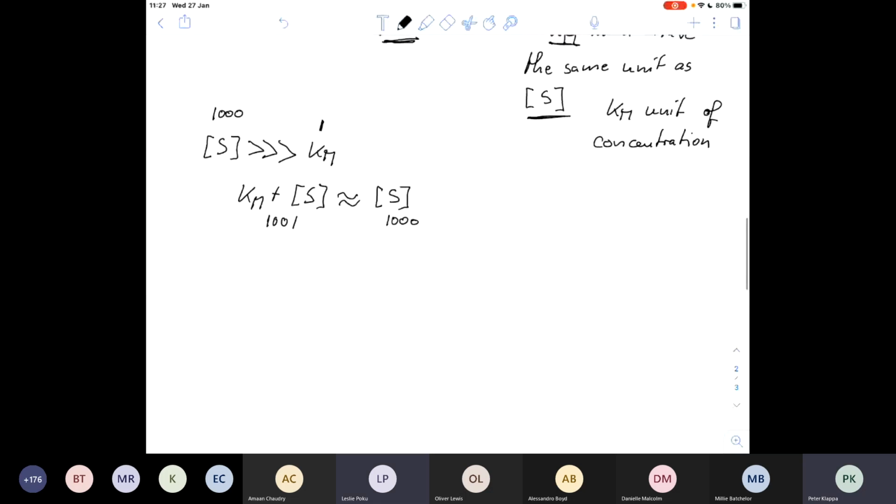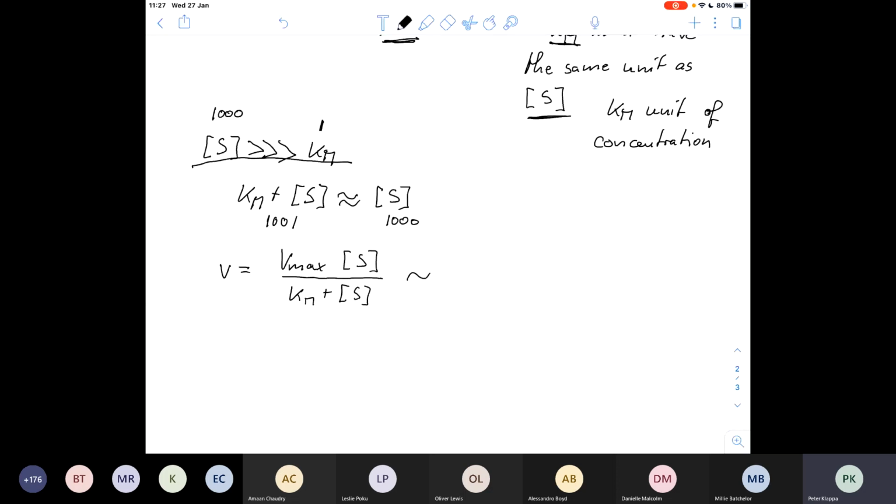Okay, so with this, let's write our Michaelis Menten equation. We write Vmax times S divided by Km plus S. That was the original one. And then instead of Km plus S, I write just S, because S is so much bigger. So look, what can we do with this?